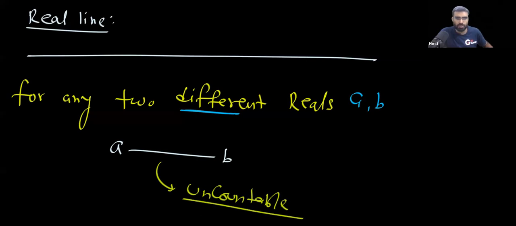If your A is here, let's assume, and your B is here, as long as they are different, the range between them will be uncountable.